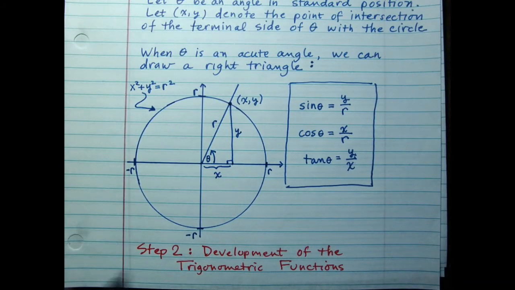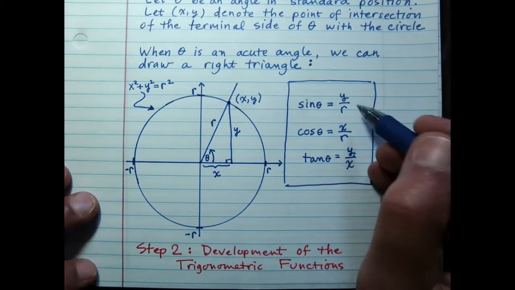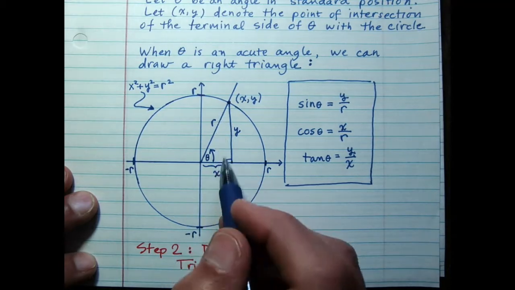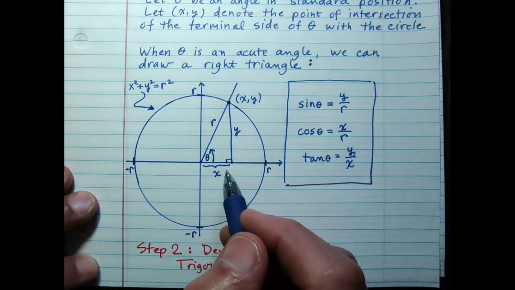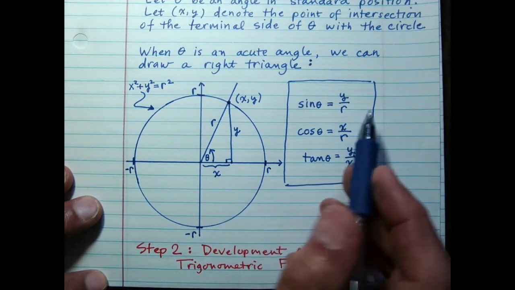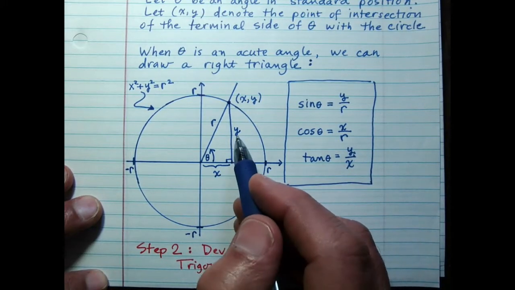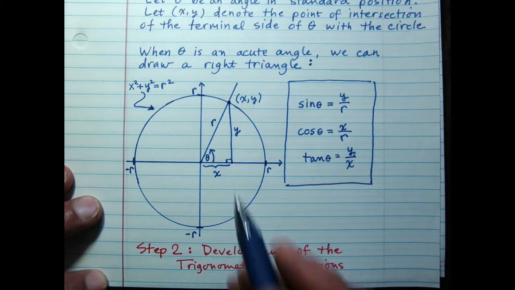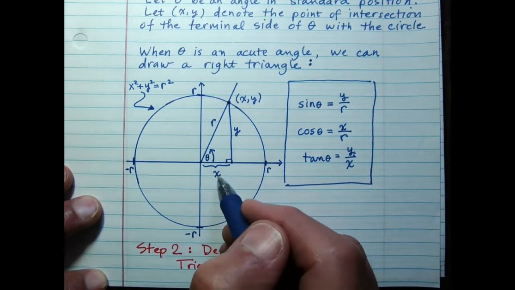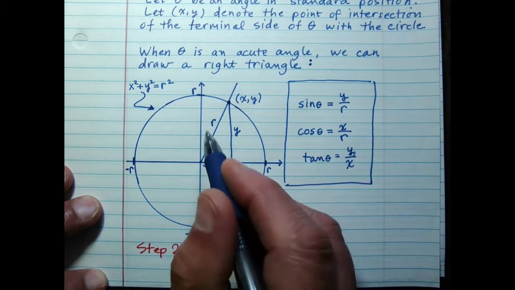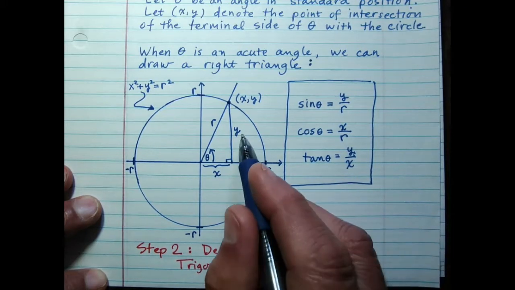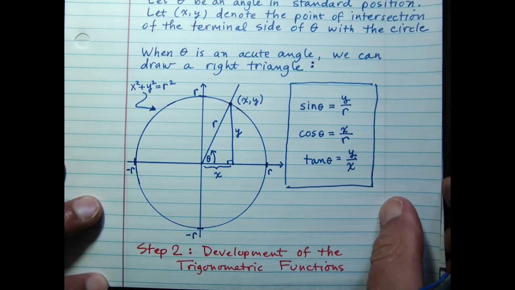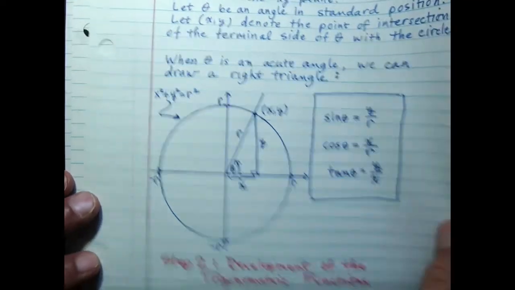And these formulas have to be memorized, but I hope you see that if you kind of remember this picture and you remember SOHCAHTOA, it's easy to just generate these formulas, because y over r is opposite over hypotenuse, x over r is adjacent over hypotenuse, and y over x is opposite over adjacent. But now this goes further, okay?